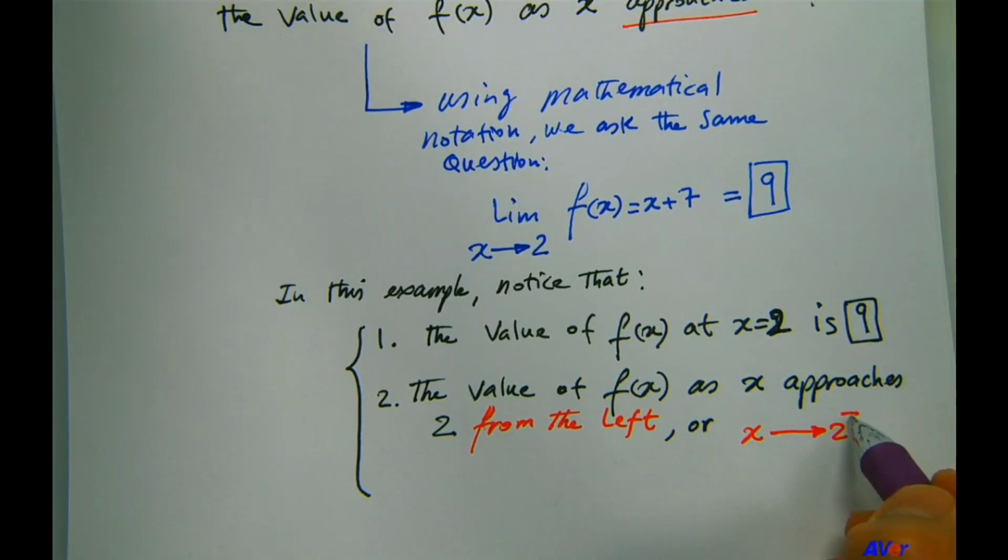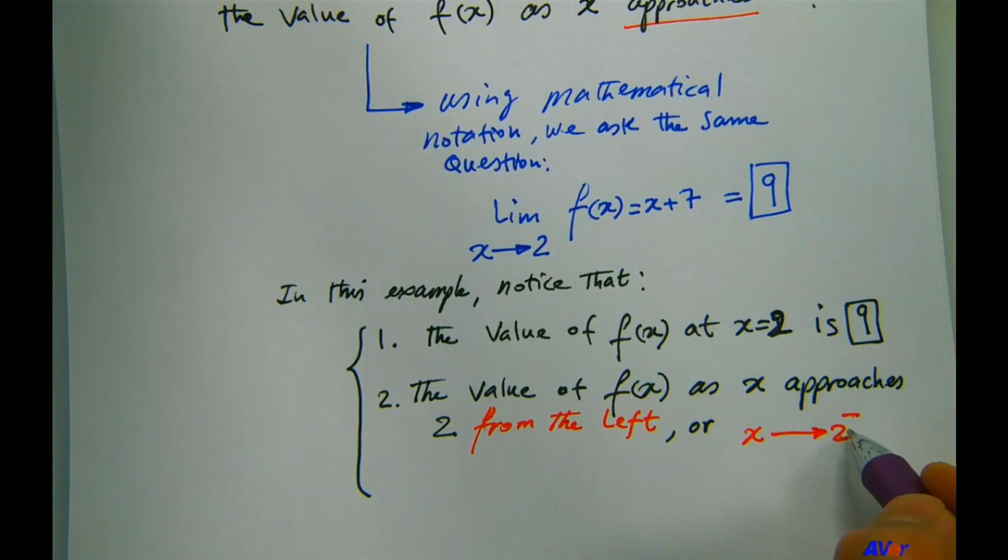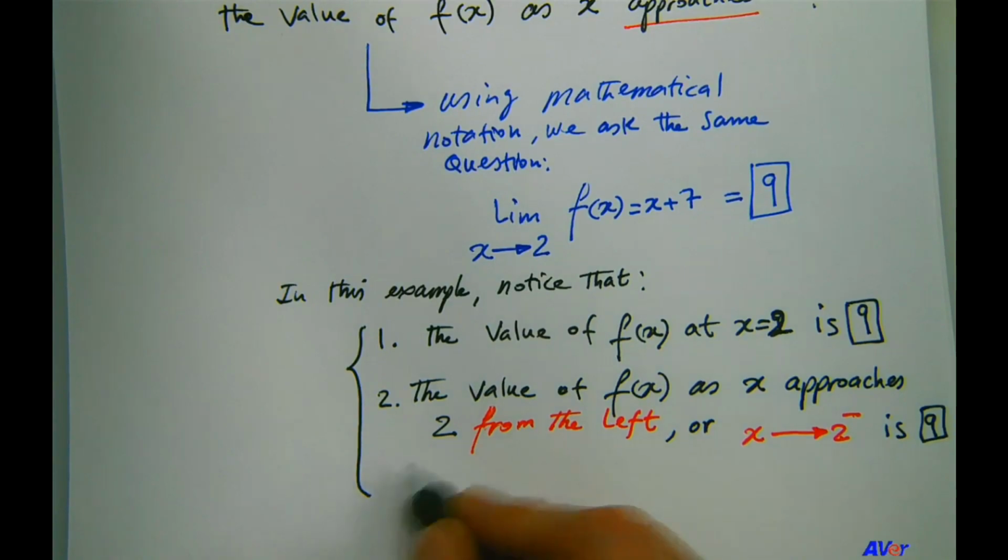That minus on top of the 2 means x is approaching 2 from the left, and from the right it would be positive. From the left, it is 9. Just try that with your calculator. If you plug in numbers from the left, getting increasingly closer to 2, the value of the function gets increasingly closer to 9. You can quickly test that.